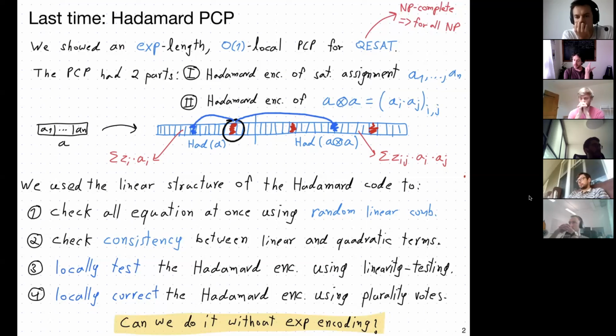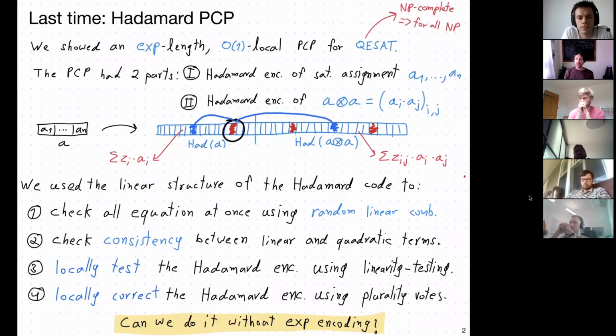So it would be extremely interesting to get it with polynomial length. Also, these kinds of things are actually implemented in practice, and we care about making them linear and as tiny as possible. If you have an exponential encoding, then this renders essentially all reasonable applications completely intractable. So that's the goal today.